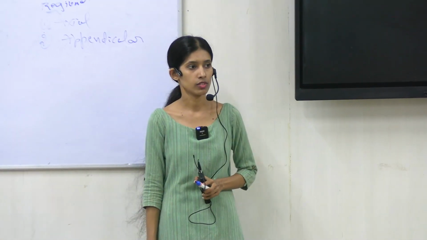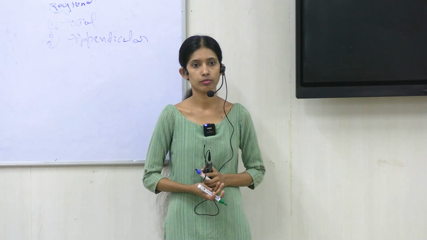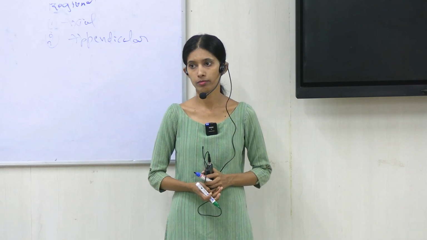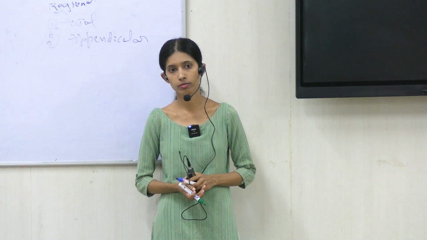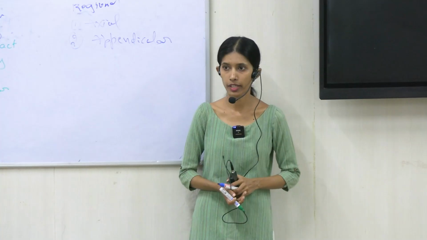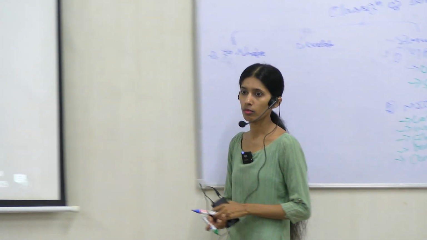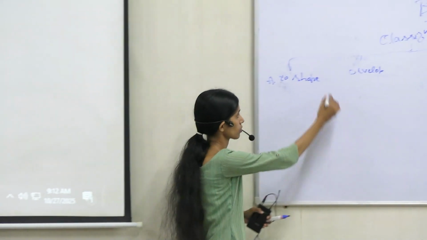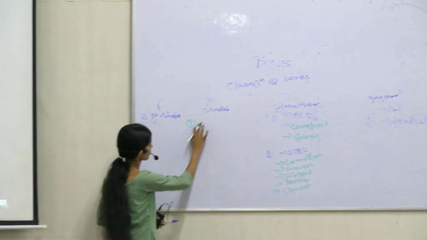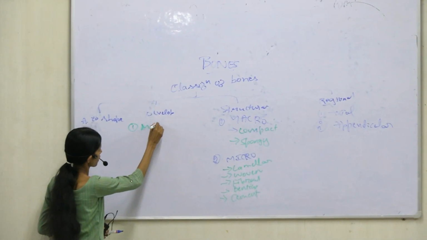Next, what about the developmental classification? How many types are there? Three types. What are those? Membranous, cartilaginous, membranocartilaginous. The first one is membranous. Example?